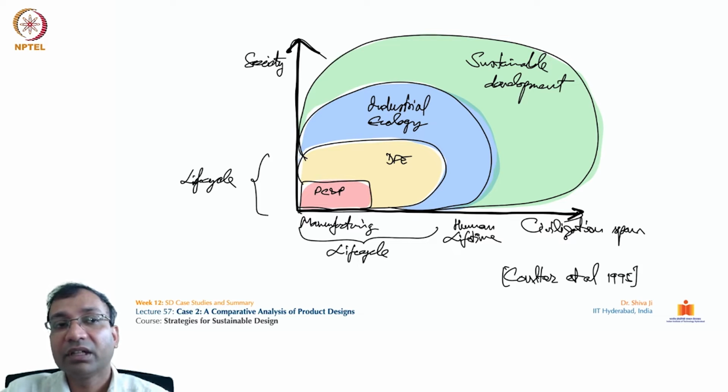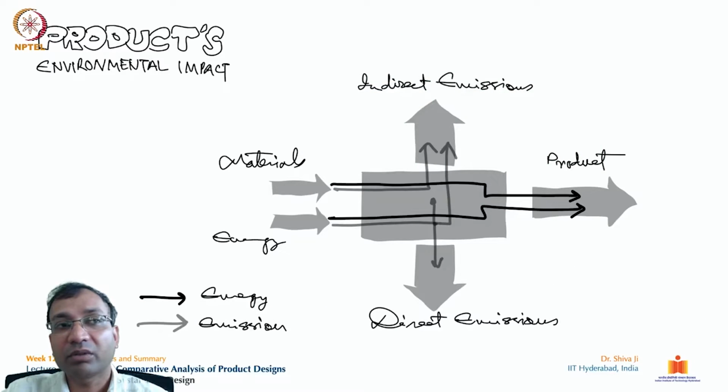So if we take care of the products and the material overall in such a way that it sustains for a very long period of time, that will become a sustainable developing model. So this is what it means from this table over here.